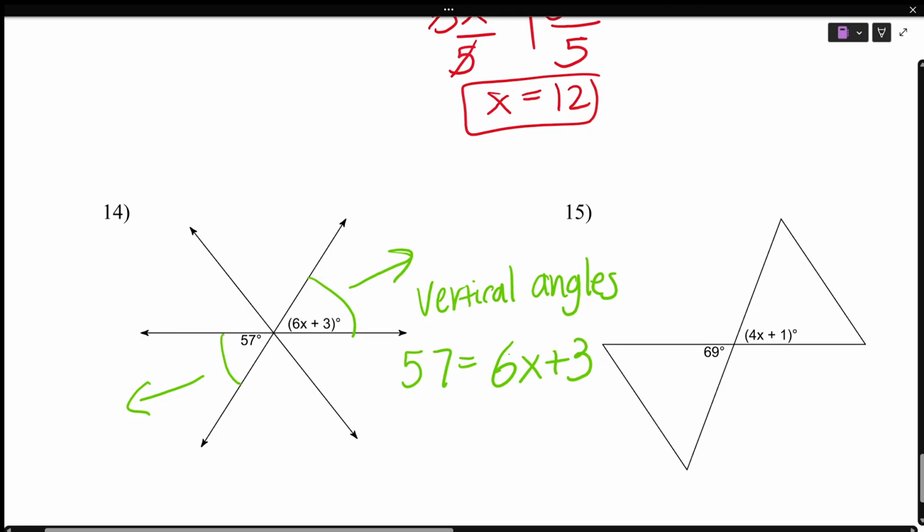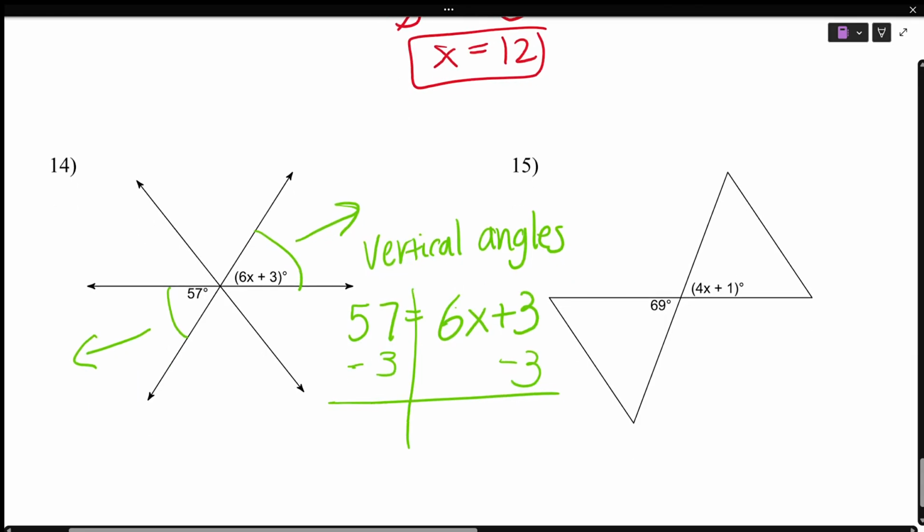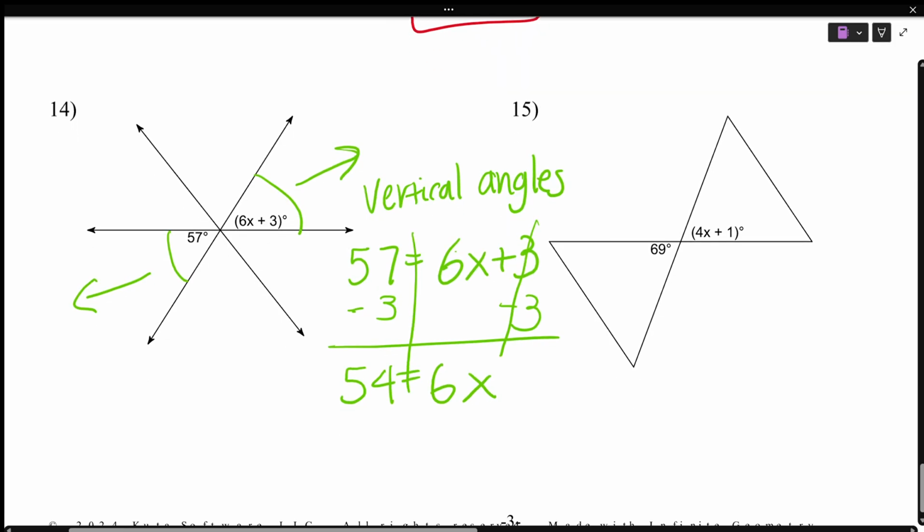Right? So 6x plus 3, subtract 3 on both sides. You don't have any like terms to combine. These cancel out. 57 minus 3 is 54. Divide both sides by 6. And you get, what is this? 9? Yeah, 9.